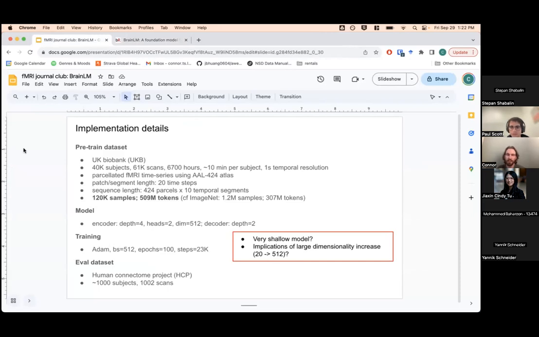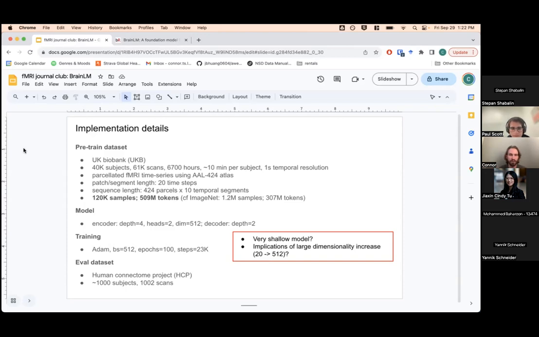It comes out to about 10 minutes of data per subject. That isn't a ton of data per subject, so it's very much sampling many subjects with not very much data as opposed to some other studies. For example, natural scenes data set, which has just 8 subjects and each one sampled for many, many hours. So it's completely the other end of the spectrum as far as that trade-off goes.